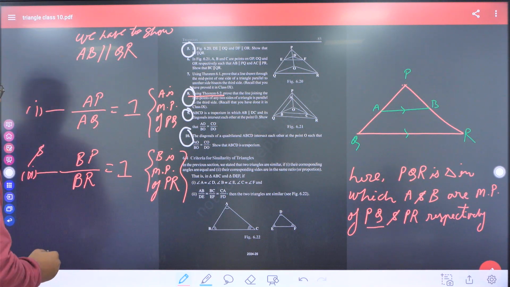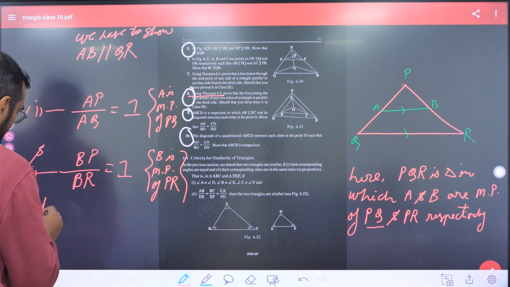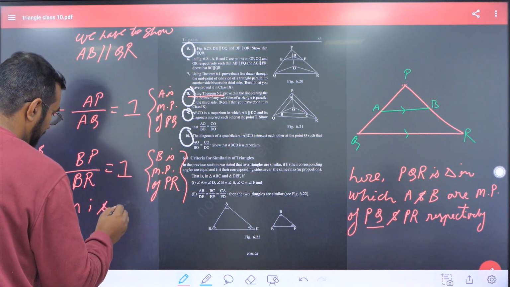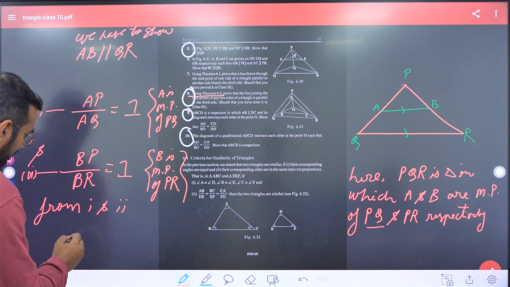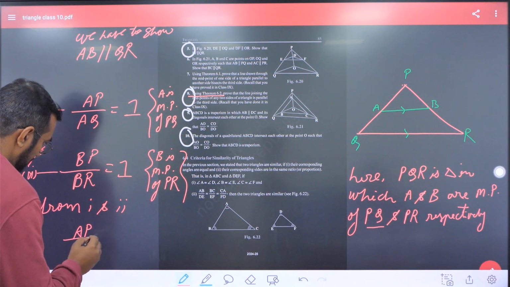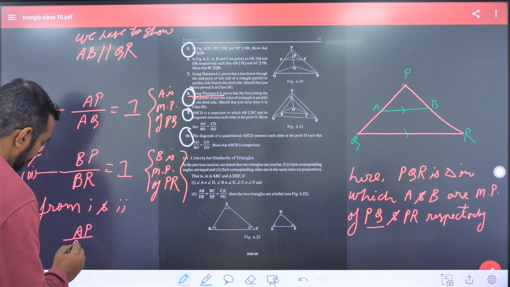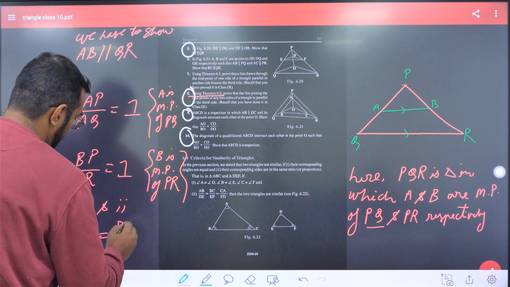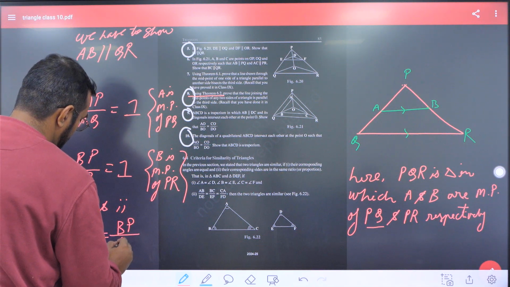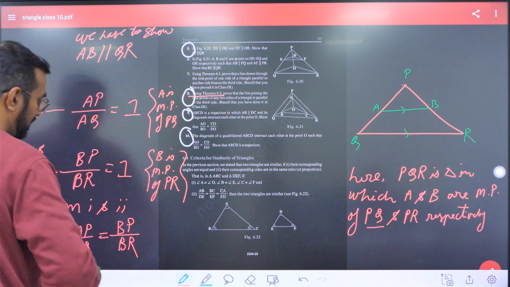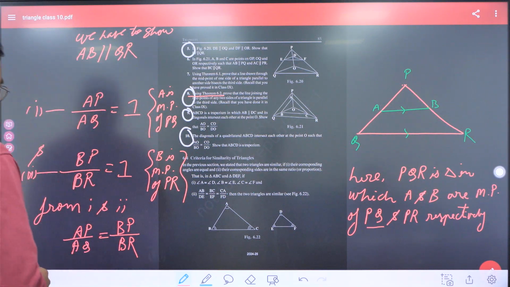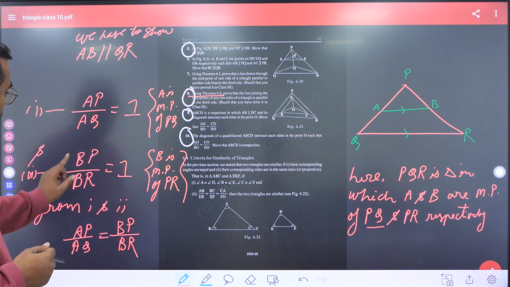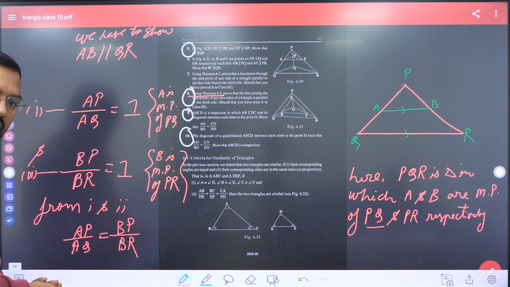From first and second, what can you write? From first and second, you can write that AP upon AQ is equal to BP upon BR. AP upon AQ is equal to BP upon BR.